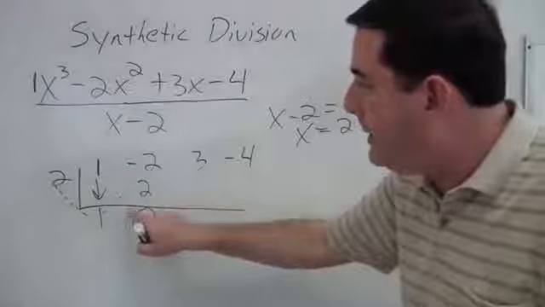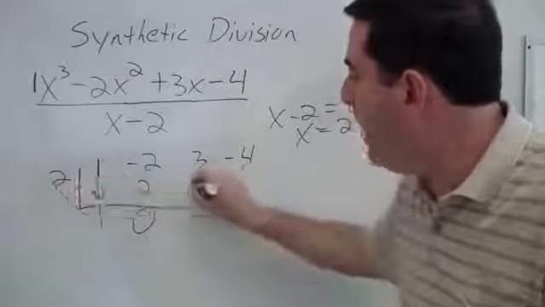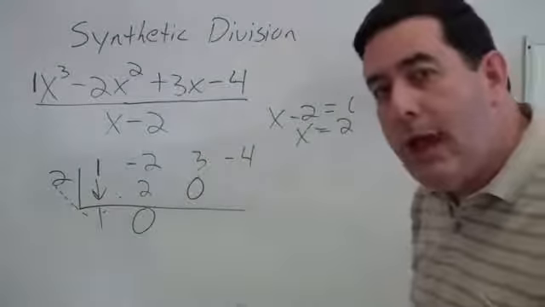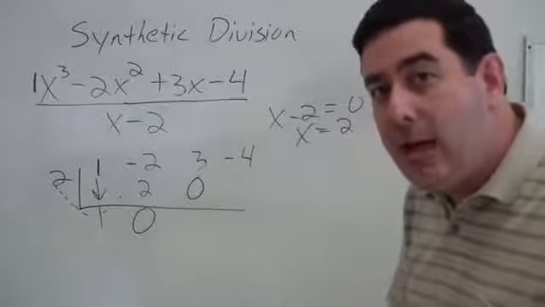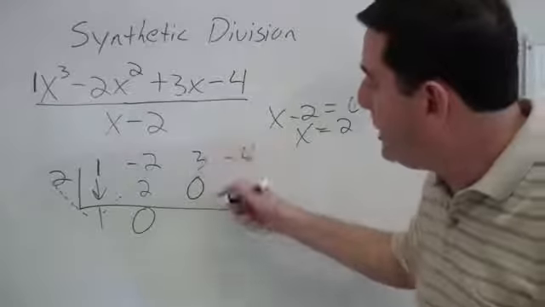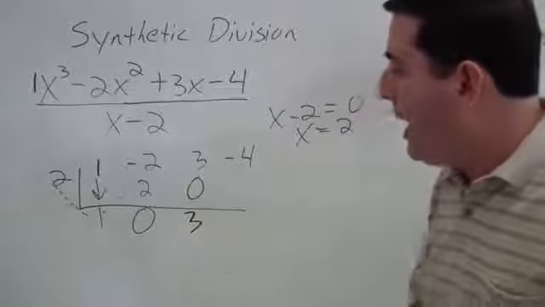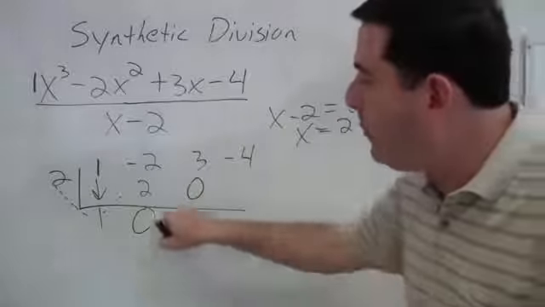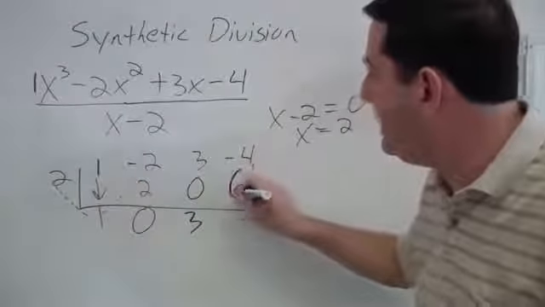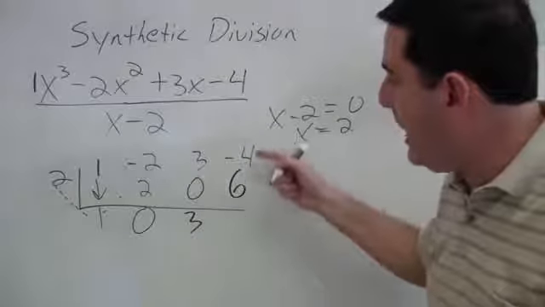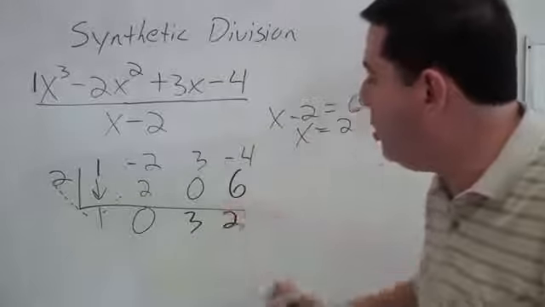So here, 0 times 2 made 0. Once we have that next number, let's add vertically. 3 plus 0 made 3. Diagonally multiply, 3 times 2 made 6. And vertically, let's add, negative 4 plus 6 gave me 2.